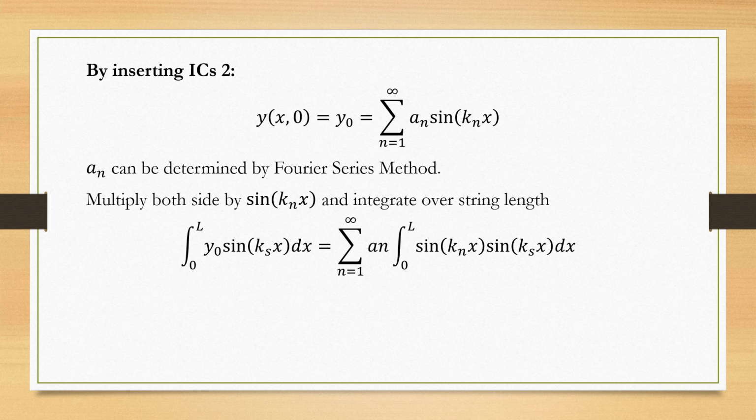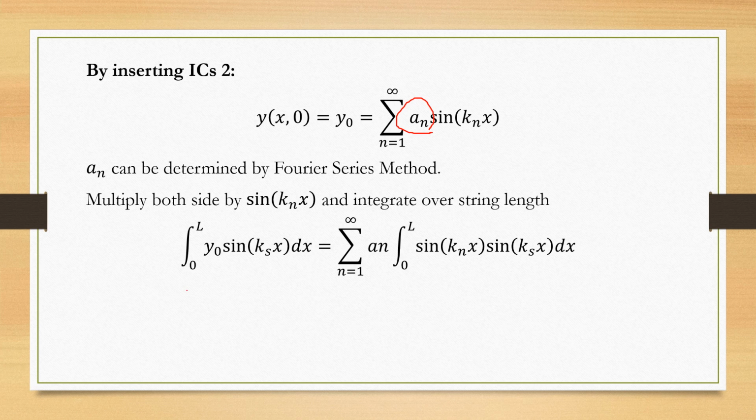Then for the second initial condition, this is the general solution, and we get the solution by inserting the second initial condition. So a_n can be determined by Fourier series. Multiply both sides by sin(k_n x) and integrate over the string.